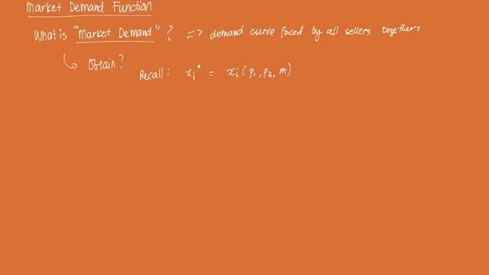Now, how do we calculate the market demand? Essentially, we're just going to sum up all of the Marshallian demand functions of every single consumer in a given market. Note the consumer, as we know from the assumptions, is assumed to take the prices of the goods as given, and will react to changes in price by changing their demand for the good.